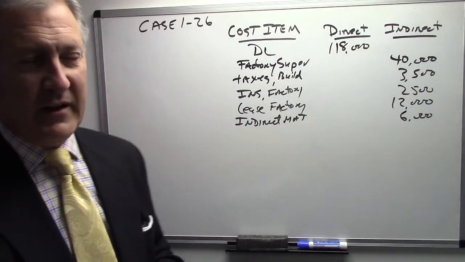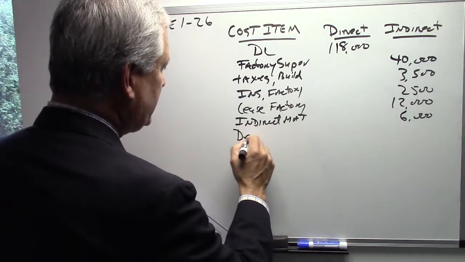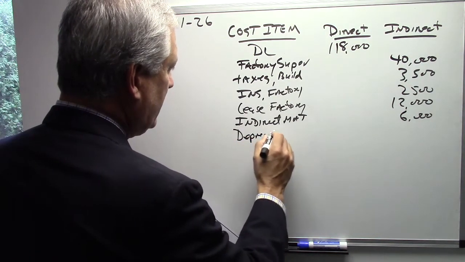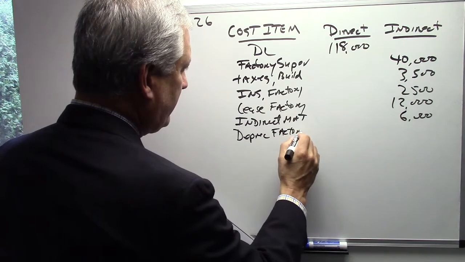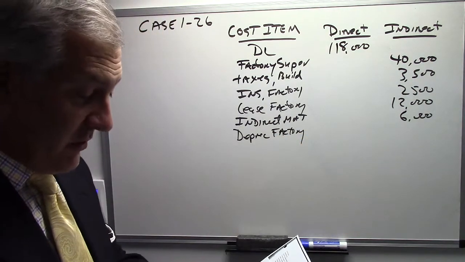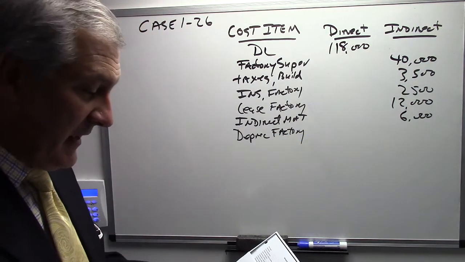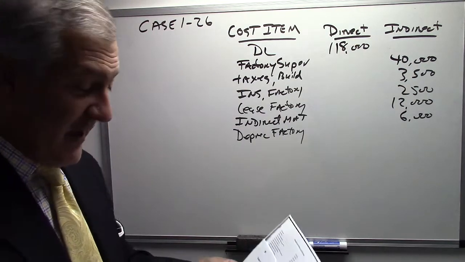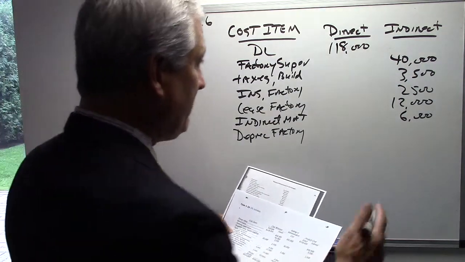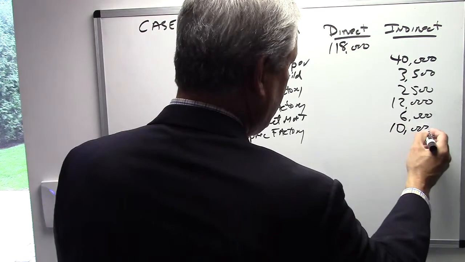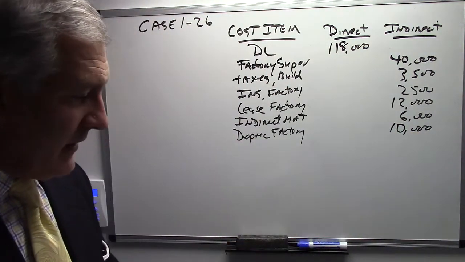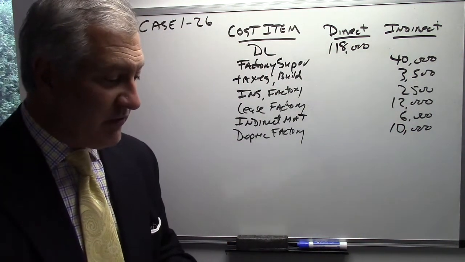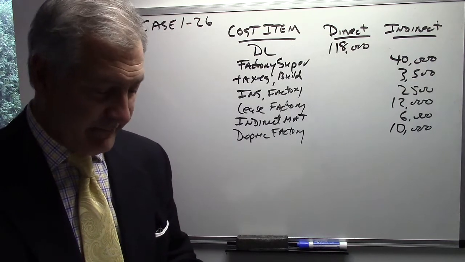That's the key word there, factory. So we're going to say depreciation, factory. That's going to be a fixed cost. It's also going to be an indirect cost, one of those other factory overhead costs, part of manufacturing overhead for $10,000.